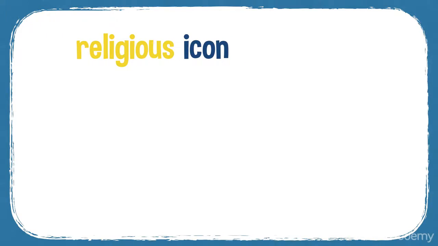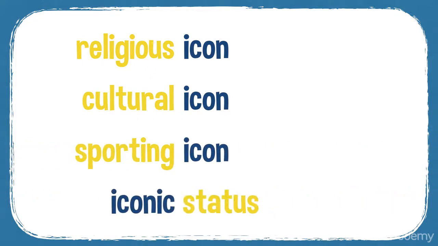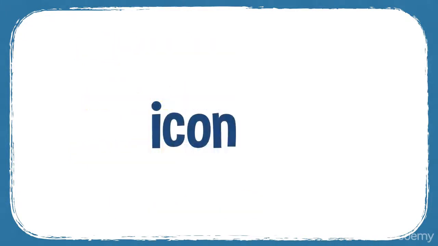Religious icon is a very common collocation, but so is cultural icon, sporting icon. Icon can turn into an adjective, so you could have iconic status. David Beckham has iconic status. Elvis Presley has iconic status.